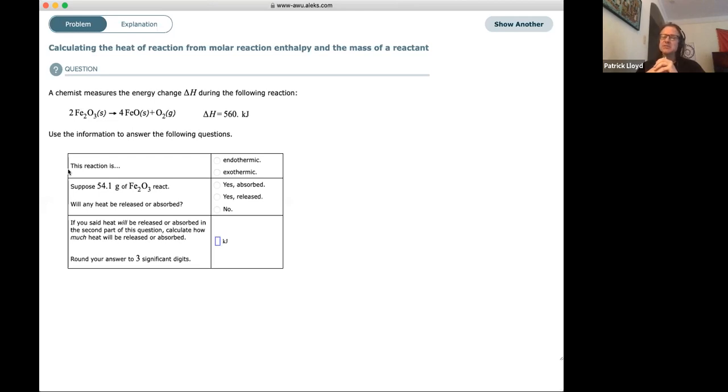Because of the positive sign, 560. And then the meaning of endothermic versus exothermic is whether it's absorbed or released. So if the reaction is endothermic, it is going to absorb heat from the surroundings.